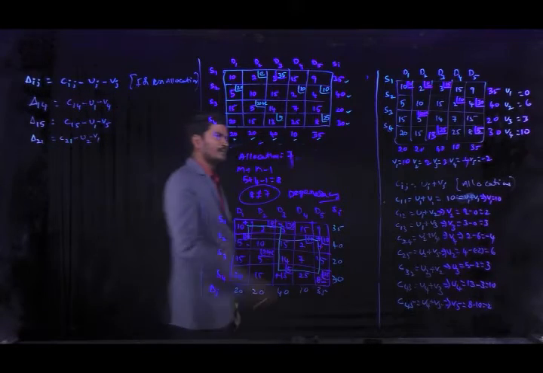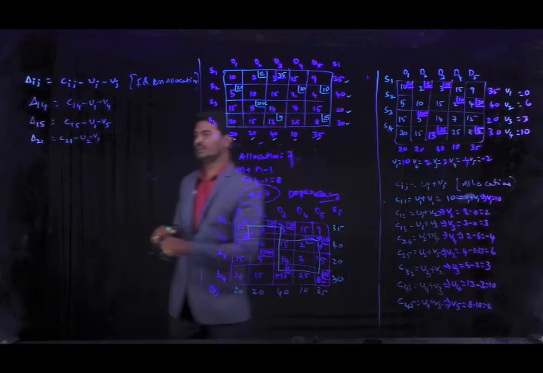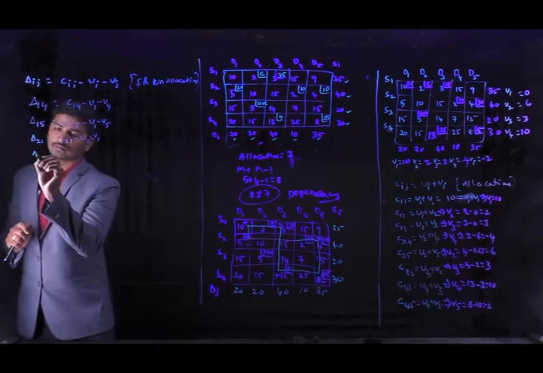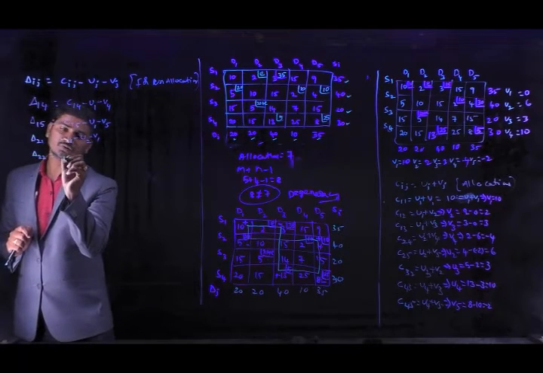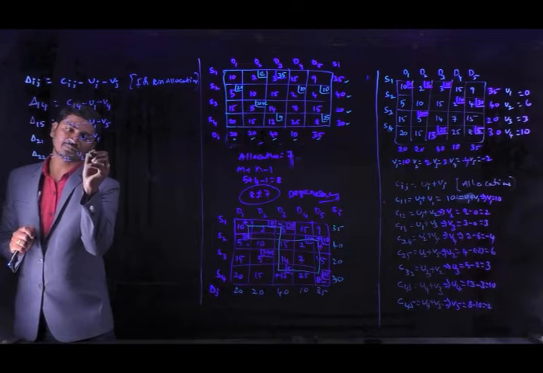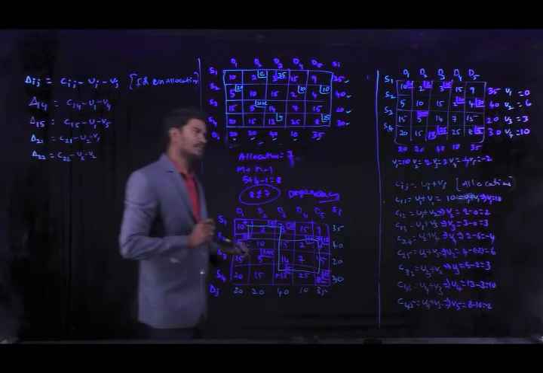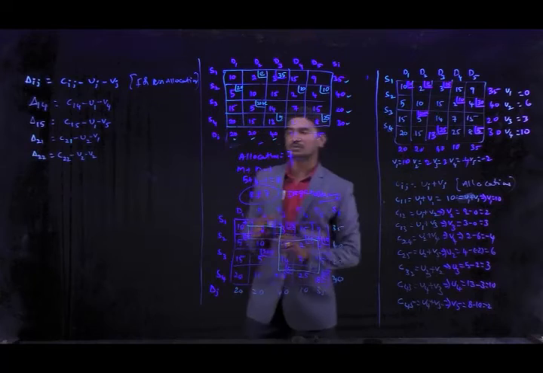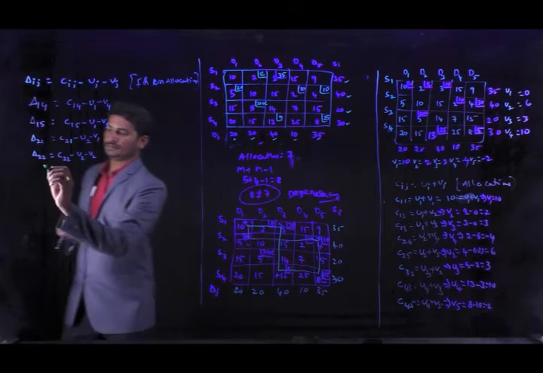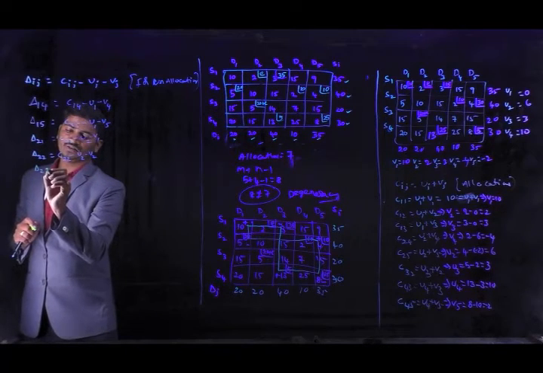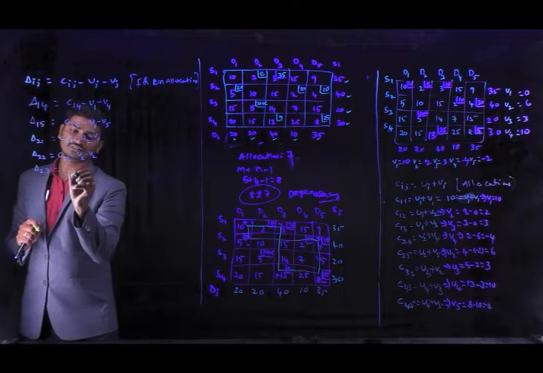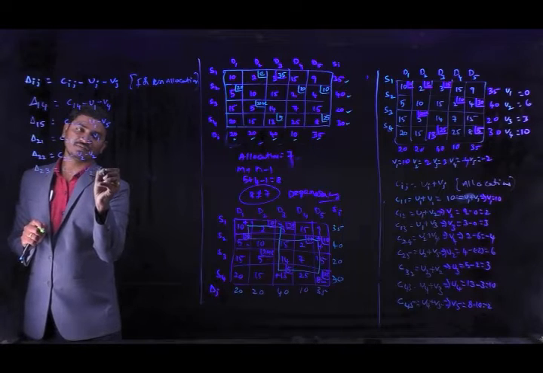Next, S2 D2, here S2 D2 is delta 22. It means C22 minus U2 minus V2. Next, here S2 D3 is equal to C23 minus U2 minus V3.